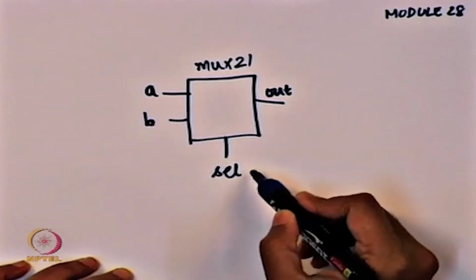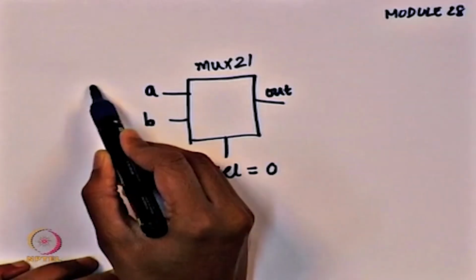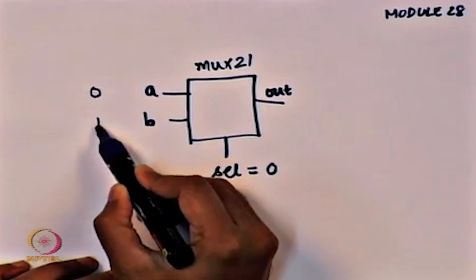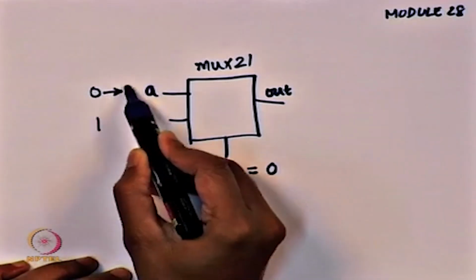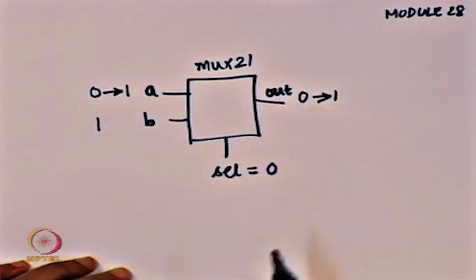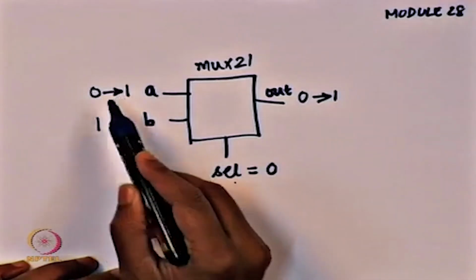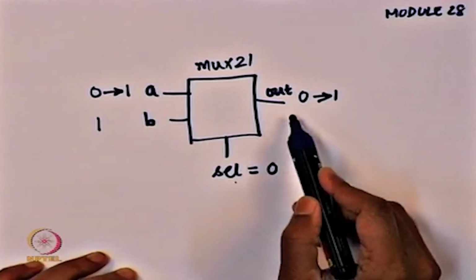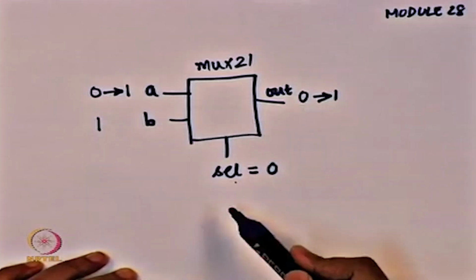For example, let us say select was 0, A was initially 0 and B was 1. If A went from 0 to 1, we would expect the output to go from 0 to 1, because select is 0 and A is going from 0 to 1 without changing anything else.